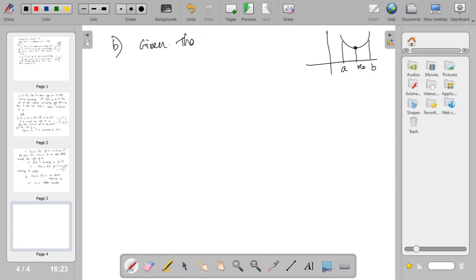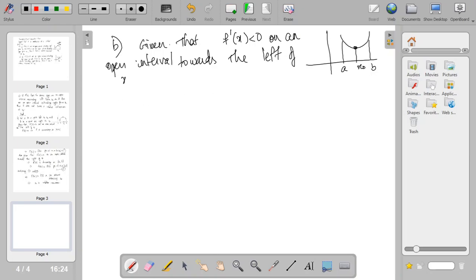You are given that f dash of x is less than 0 on an open interval towards the left of x naught.